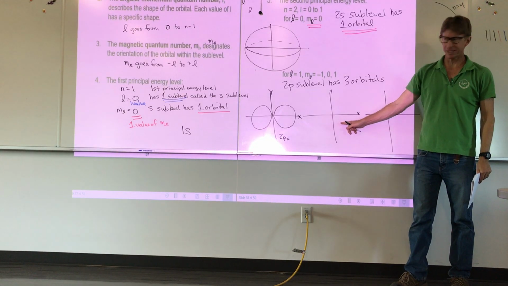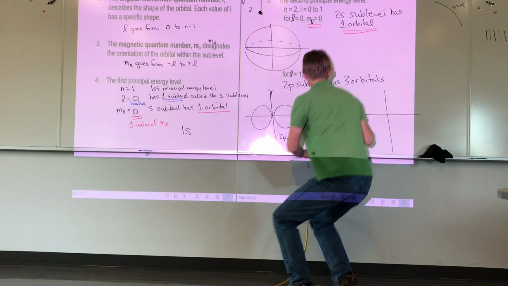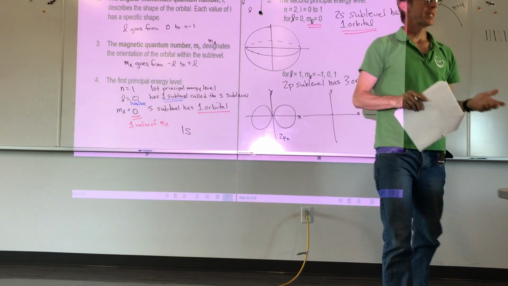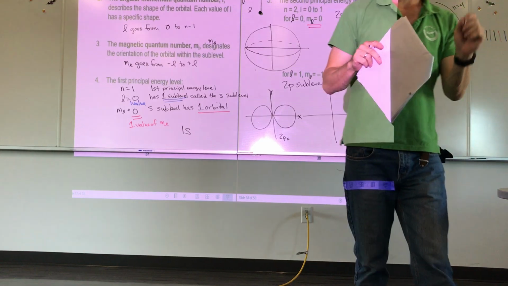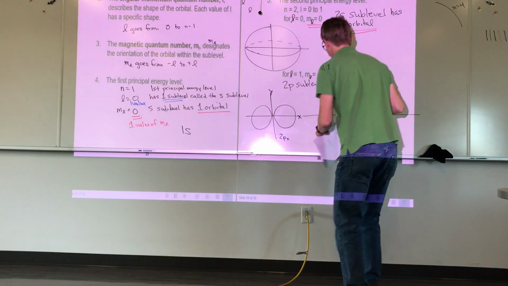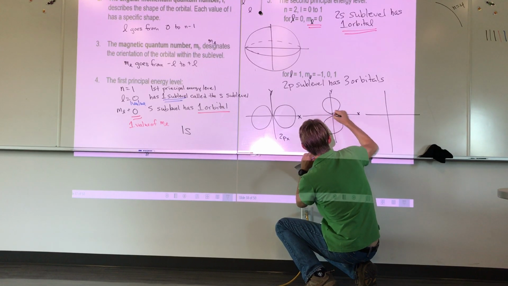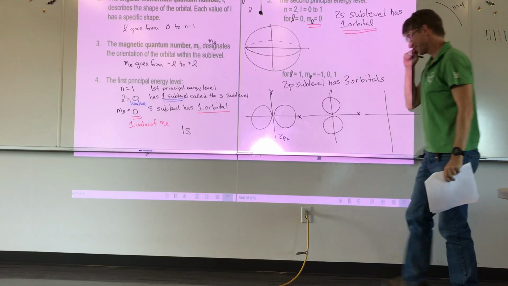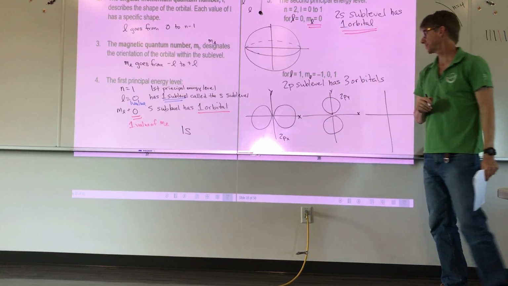The second one is going to be the same shape along the y-axis. I don't know whether you've noticed this or not, but when I draw these circles, this sort of dumbbell shape overall, I am not touching the nucleus, because these orbitals do not touch the nucleus, even when I draw them touching. This is 2p sub y.